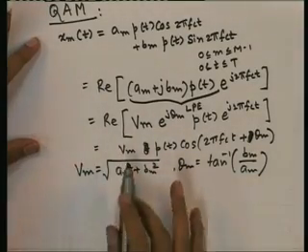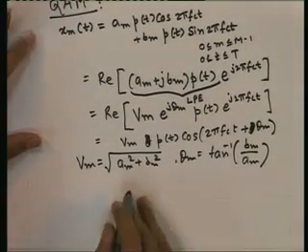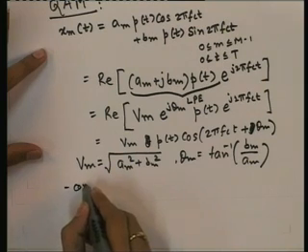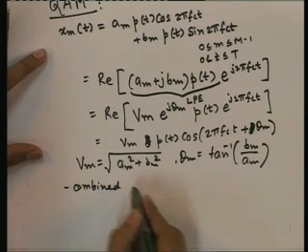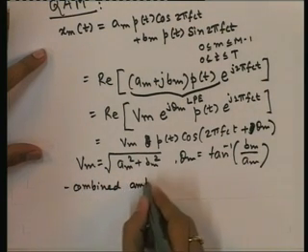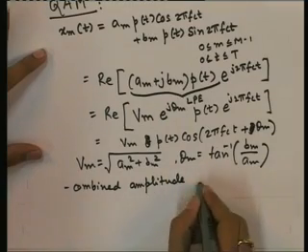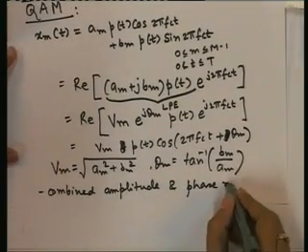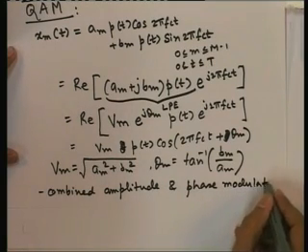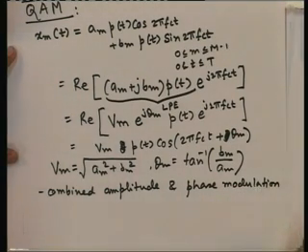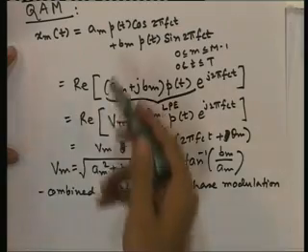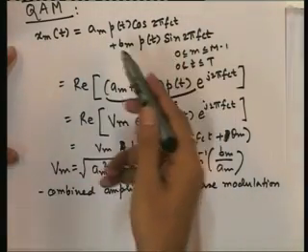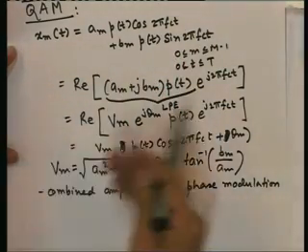Here we can vary V_m as well as theta_m. So this is combined amplitude and phase modulation. It can be viewed as joint amplitude modulation of two carrier signals, or as joint amplitude and phase modulation of a carrier signal.